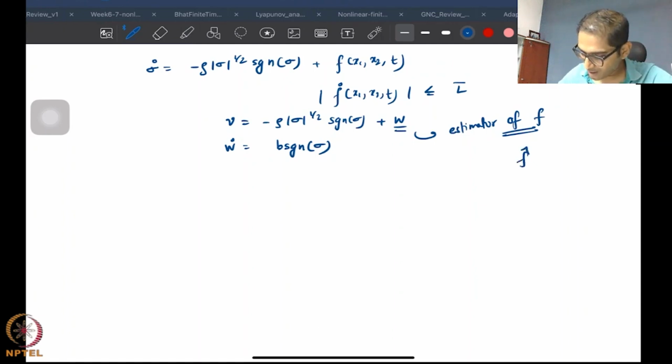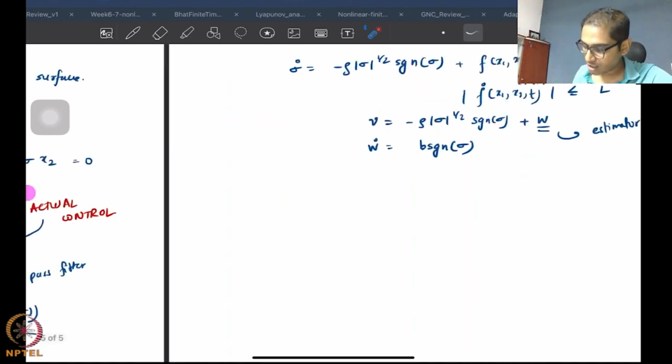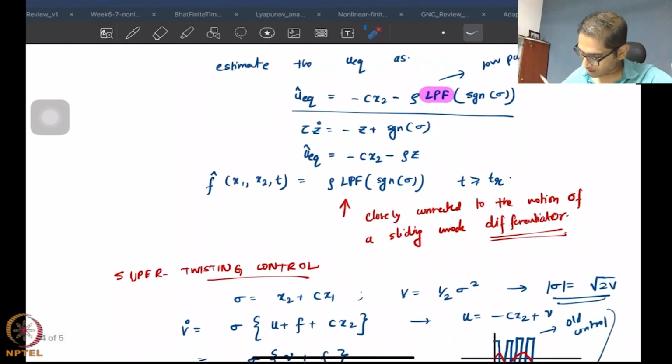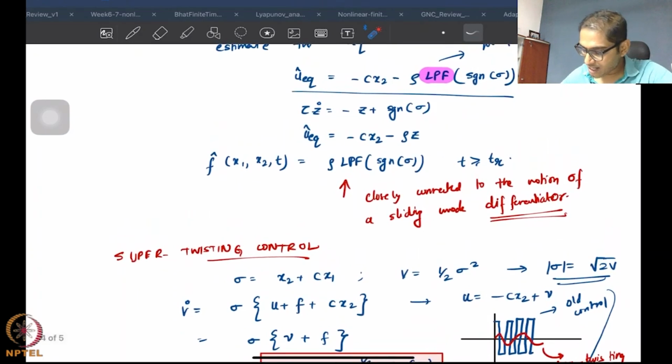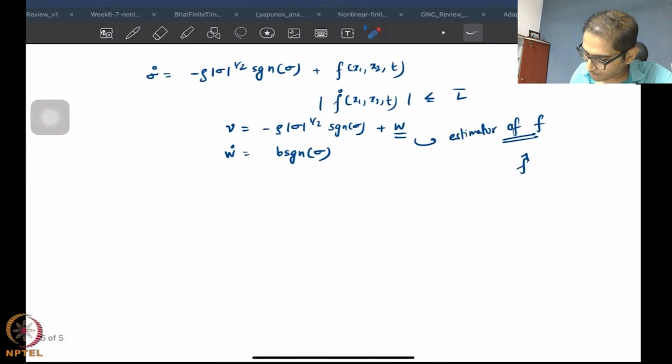Why does this work? This is exactly coming from the notion of the equivalent control. If you look at this, what is the equivalent control? We say that the estimate is simply a low pass filter. And what is the low pass filter? It's something like this. Here the only thing we've done is we've not put in a low pass filter type term. We've simply kept it at this b signum sigma.